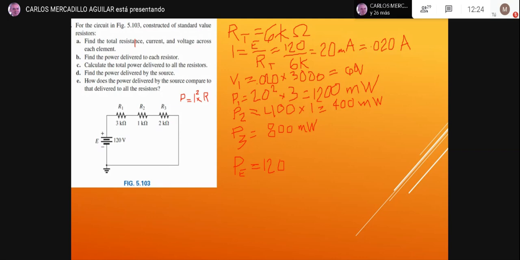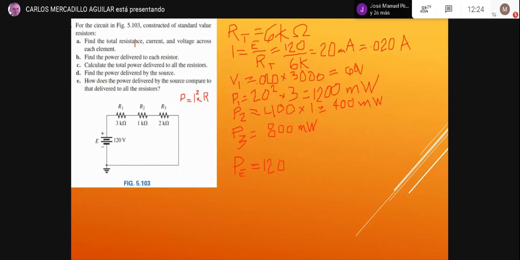Milliwatts because we are using kilo ohms and the current is milliamperes. For the second resistor, the power is just the same current squared, 400 times 1 because it's 1 kilo ohm, and it's 400 milliwatts.